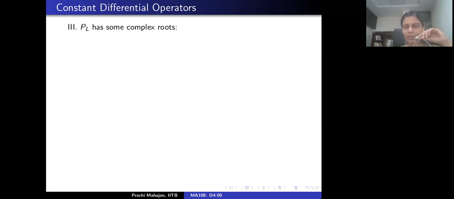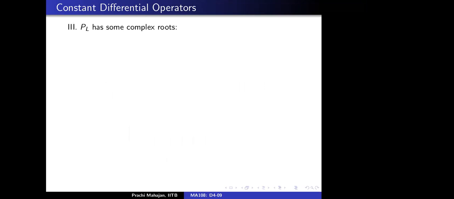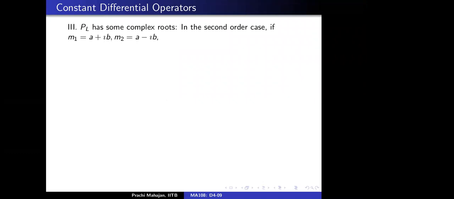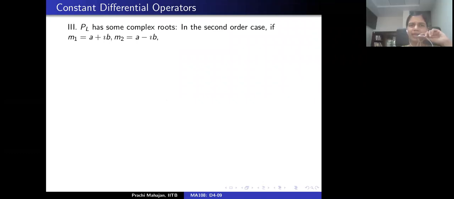So let's look at the case where the characteristic polynomial has some complex roots. Remember, what did we do when we were dealing with order 2 equations? We said that the characteristic polynomial has exactly 2 roots, and those had to be complex conjugates of each other.